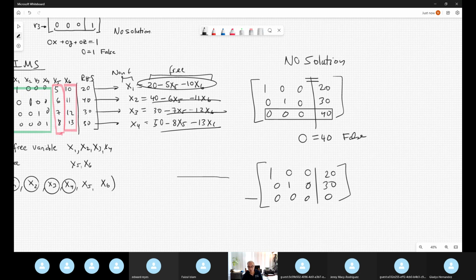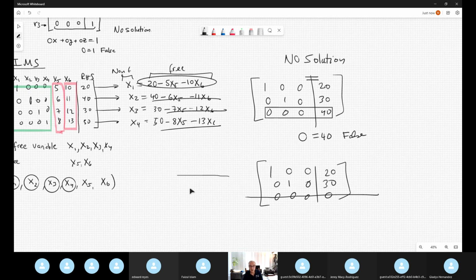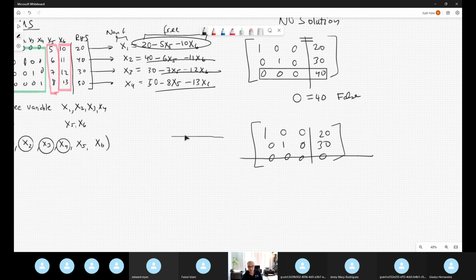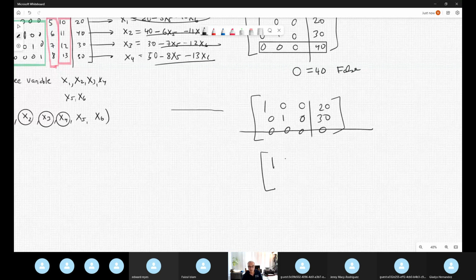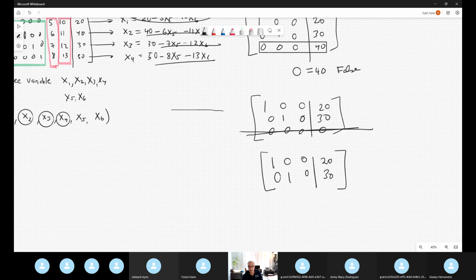This, you eliminate, and you analyze only this, because this is dependent, it's not important to participate in the system.